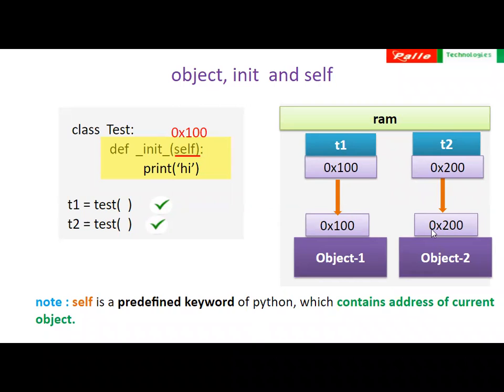What is the address? 0x200. So now it will have address 0x200. This is the meaning of the self keyword. Is it clear now? So self stores the address of the current object.